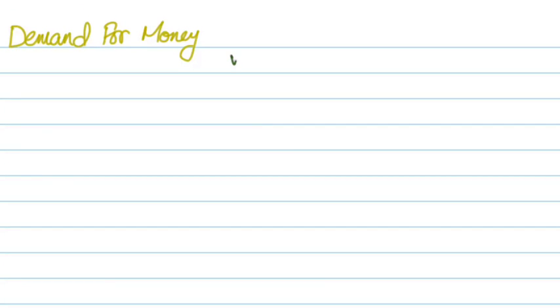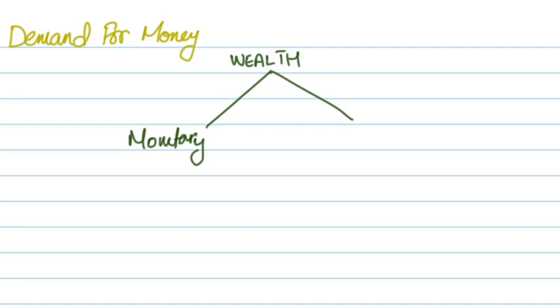Okay, so wealth. Now wealth can be classified into two. On one side we have monetary assets, and on the other side we have non-monetary assets.